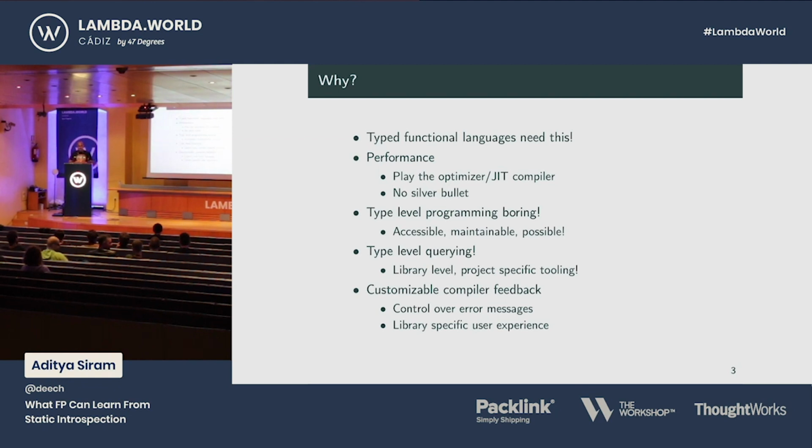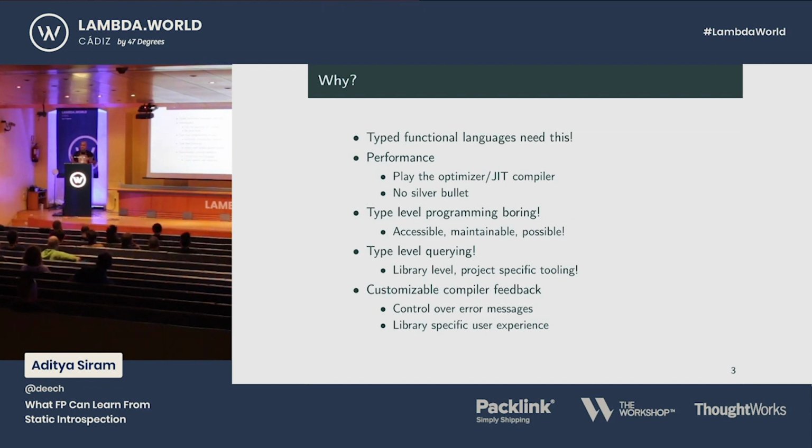And this other big thing is the idea of type level querying. You can query your code base as though it was a database. So you can have library level and project specific tooling, very granular tooling that is just for the problem at hand. And you can have customizable compiler feedback.